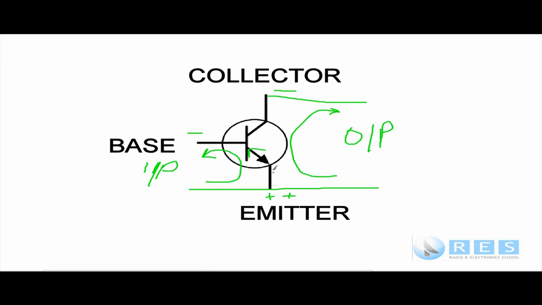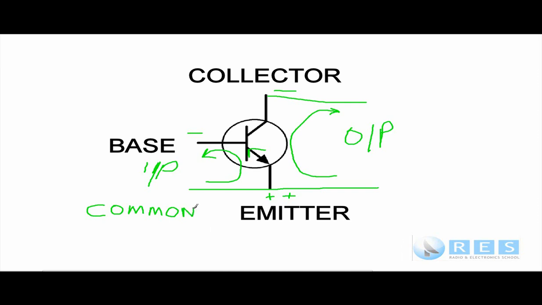Because the emitter is common to both input and output, the name of this configuration, and you need to know this, and it's the only one you need to know, is common emitter.